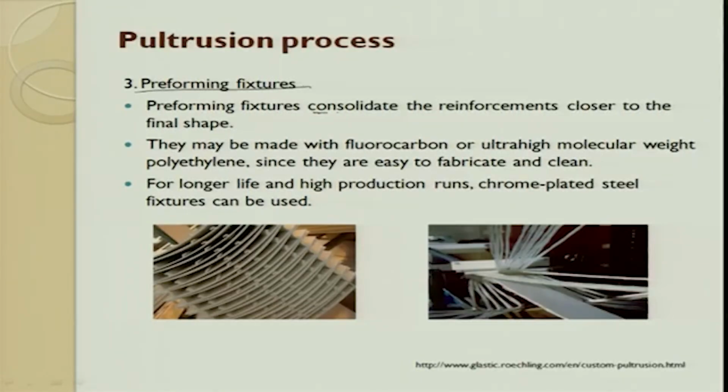It consolidates the reinforcement closer to the shape. You do not get the final shape in one shot, so the preforming fixture plays an important role in consolidation. What is consolidation? Consolidation between resin and reinforcement. Between these, this does it, and then you get the required shape.